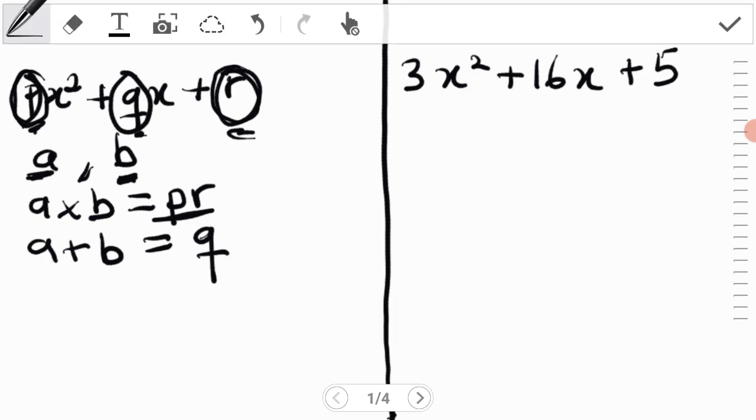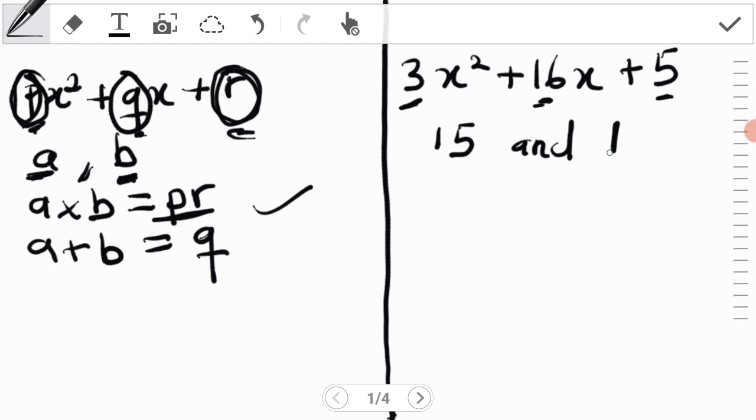With this example, when we multiply this 3 and this 5, it will give us 15. So we need to find numbers that when we multiply will give us 15, and when we add will give us 16, just like what we did here. We know that if we have 15 and 1, if we add 15 and 1, we'll get 16.